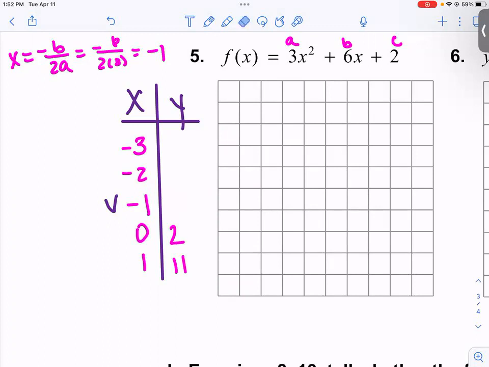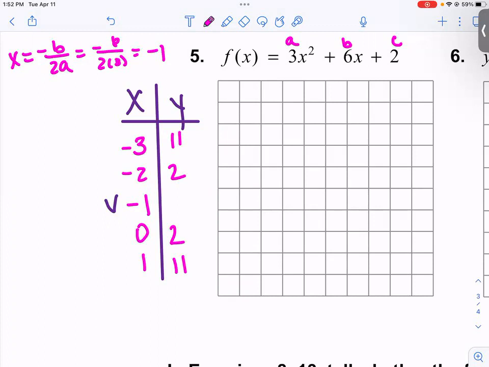No. What do we get when we plug in -2? -3. So this is a +3.